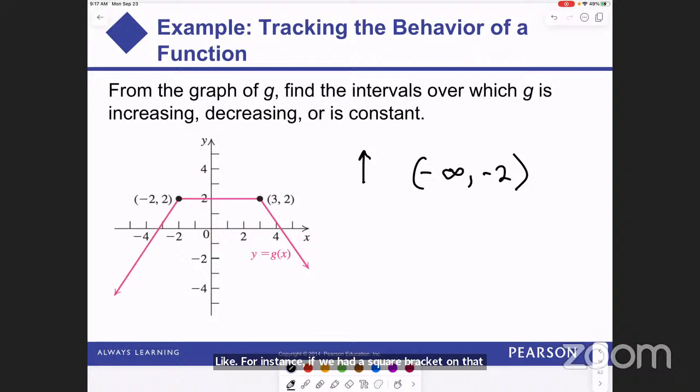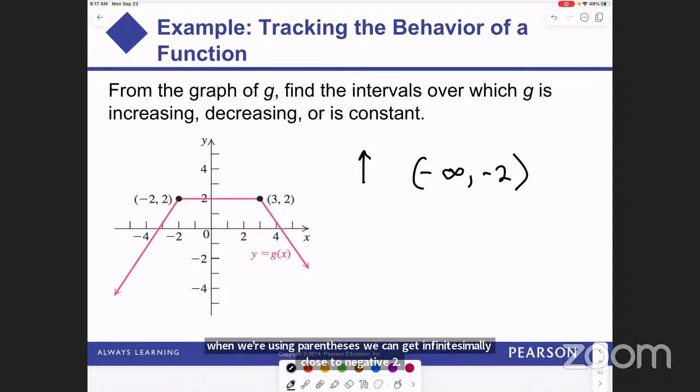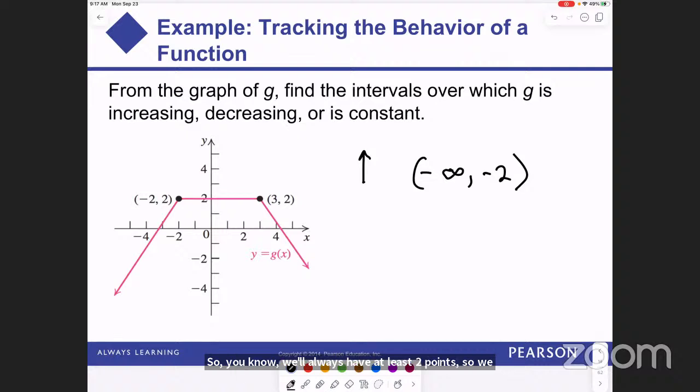But when we're using parentheses, we can get infinitesimally close to -2. So we'll always have at least 2 points so we can show that the graph is always increasing in this instance. Okay. Long story short, whenever we're doing increasing, decreasing, or constant, we should use parentheses across the board.